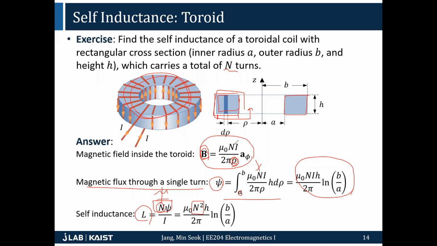B is just proportional to n. But self-inductance increases quadratically, so it's proportional to n squared. So it increases much more rapidly compared to just the B field. In order to increase the inductance, you need multi-turn loops.